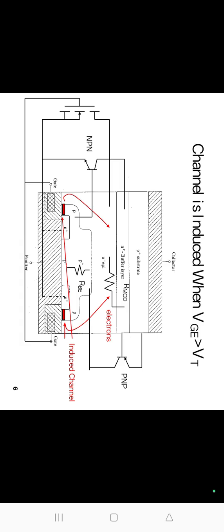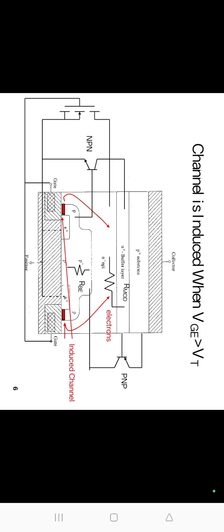Now let us see how the P plus injecting layer makes the operation different from MOSFET. The MOSFET is formed with the input gate, emitter as source and N minus drift region as drain. The two transistors T1 and T2 are formed. The holes are injected by the P plus injecting layer into the N minus drift region.